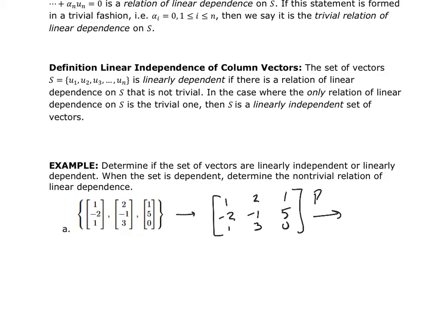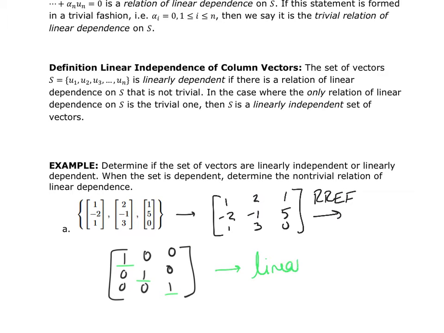Then I reduce it to reduced row echelon form, and I end up with 1, 0, 0, 0, 1, 0, 0, 0, 1. Because this happens to be the identity matrix, it tells me that these are linearly independent.